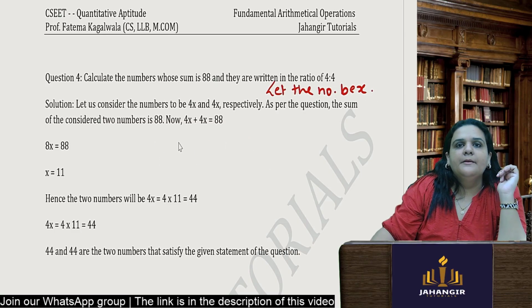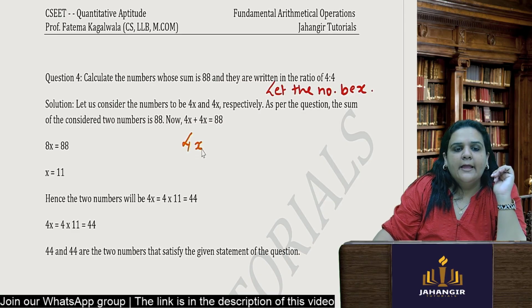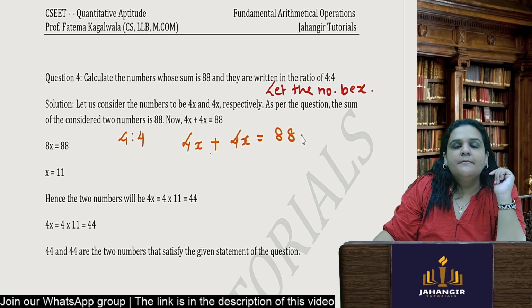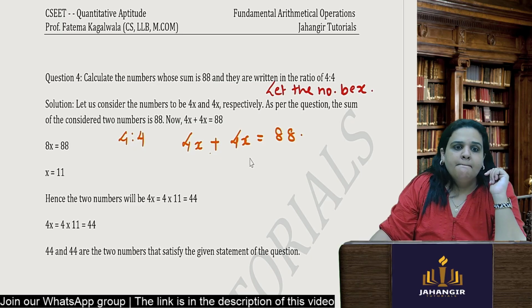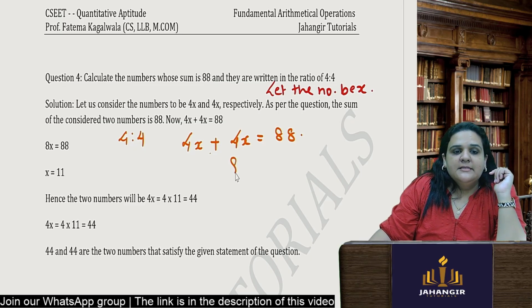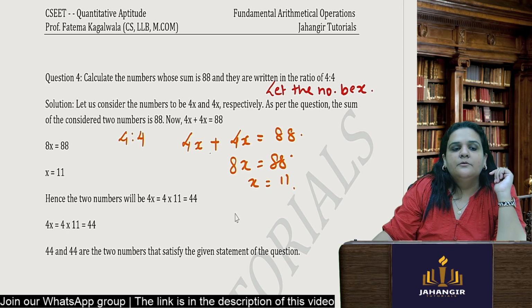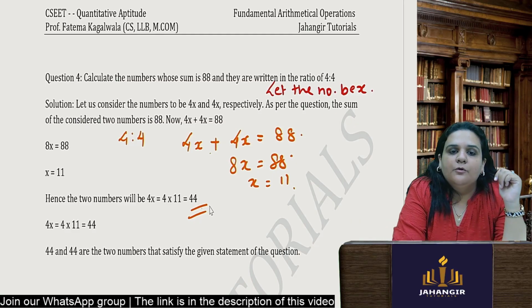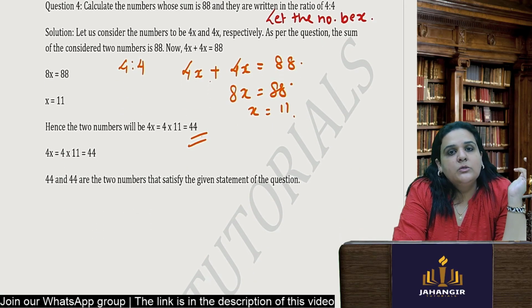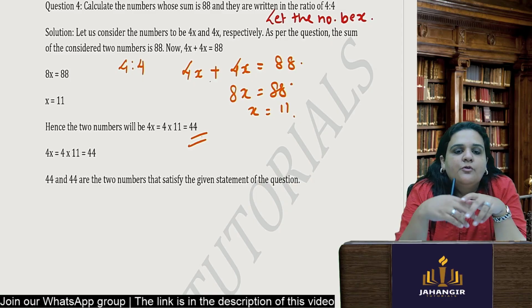So 4x plus 4x, the ratio is written as 4:4. They are saying the sum of these numbers is 88. That means 8x is equal to 88. So x is equal to 11. So each of the two numbers is 44, 44 and 44. Because it is in the same ratio, it has to be the same number. 4:4.